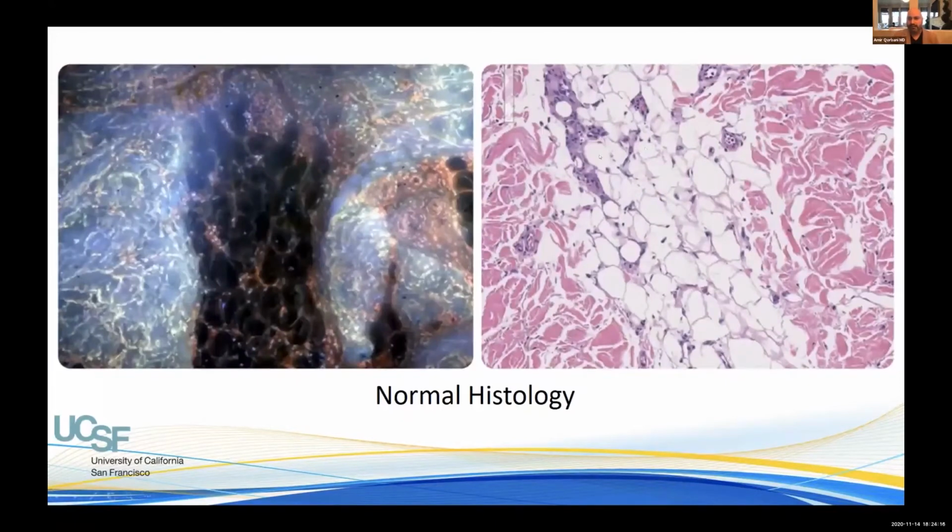As you can see, when you cut fat tissue in traditional processing, it has lots of artifacts, and you're not sure whether some of these vacuoles are vessels or actual fat. But here you can see it in 3D, and the different colors also show you that these are actual fat globules, because we don't cut the fat.